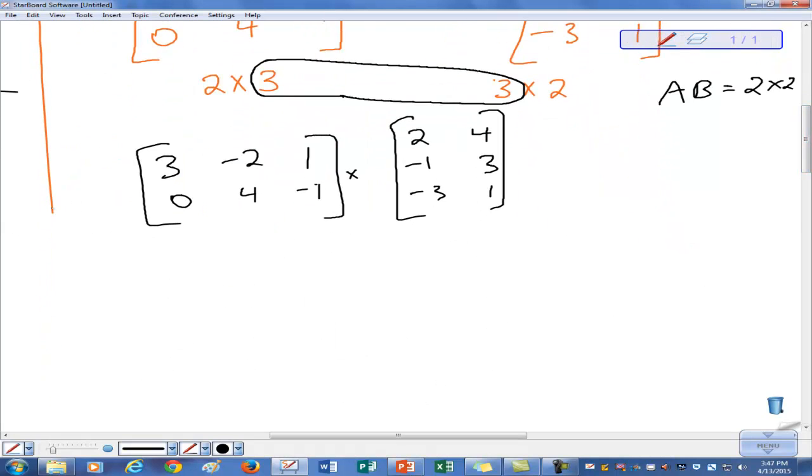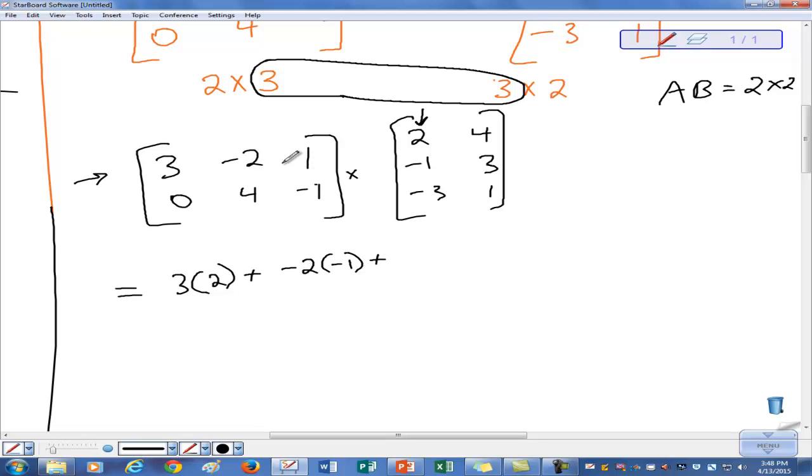And so from here, we're going to multiply first row times the first column. Okay, so this will be 3 times 2 plus, what do you think is going to be next? -2 times what? You should have said -1. Plus 1, now what are we going to multiply the 1 with? You should have said the -3. So this would be 1 times -3, and that's going to be one number.